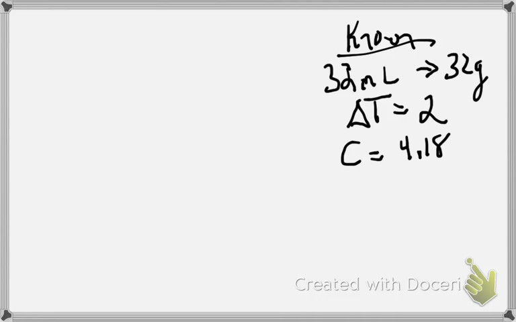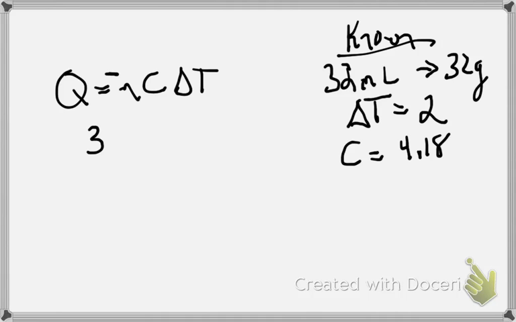So then just use the formula that we've been working with, and you get Q, or delta H, equals mc delta T, and you plug it in. And because it's being released, you should have a negative. So my mass is now negative 32, I should say.